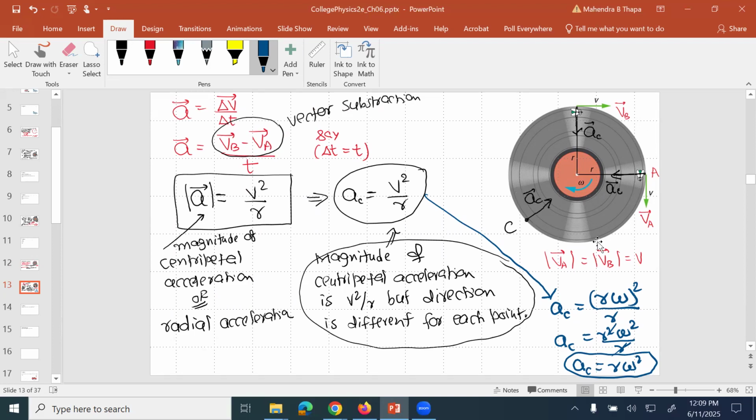Okay. So we learned here that for each point, velocity and acceleration are mutually perpendicular.